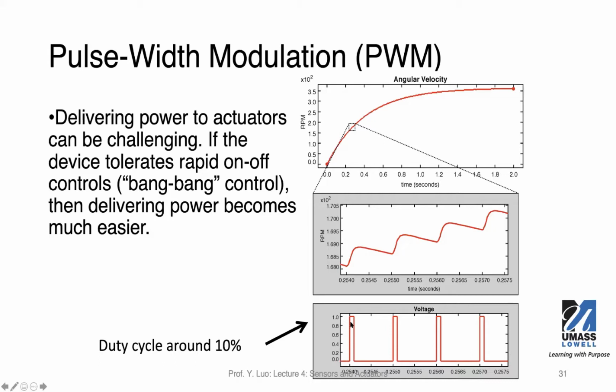I can turn this voltage on for a short period of time and then shut it off, then on for a short period of time and turn it off again. I can make sure that I only turn the voltage to 1 volt at 1/10 of the cycle. Essentially I am outputting roughly, not exactly, a tenth of the power to the device. And this 10% is what we call the duty cycle.